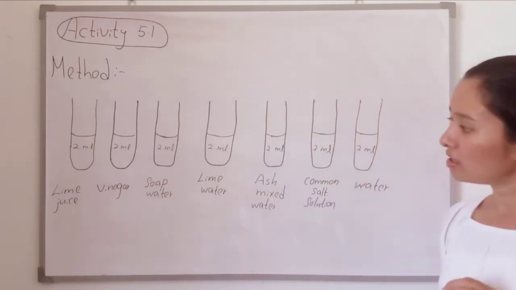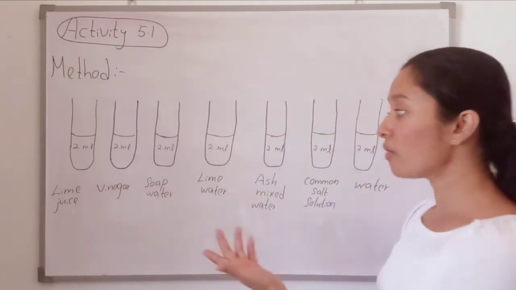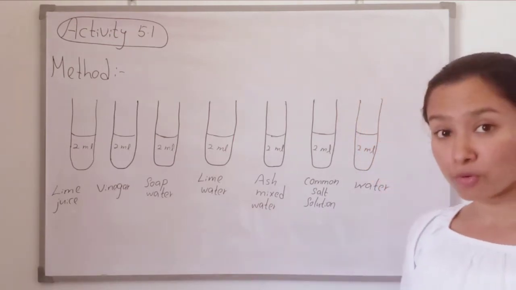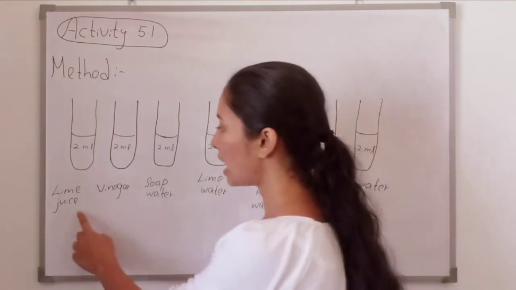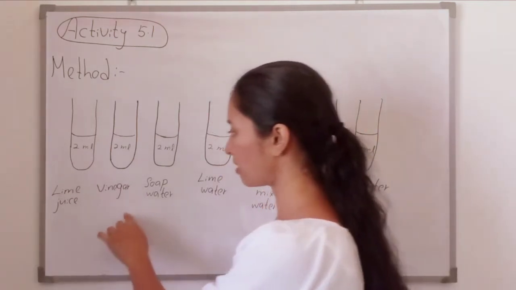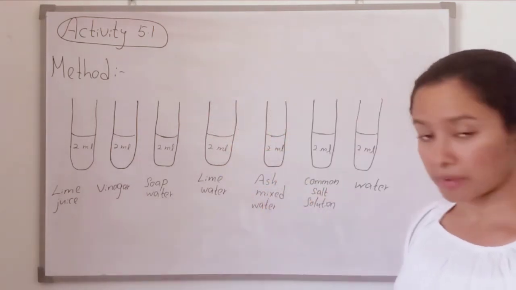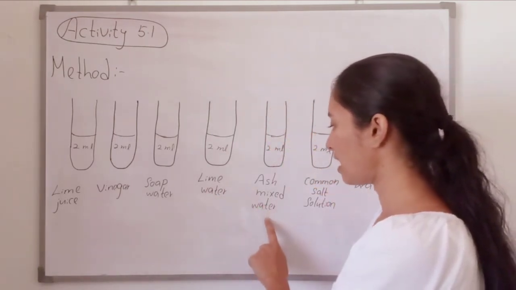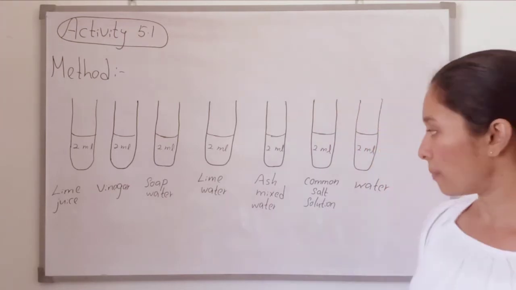Then look at the color changes of these solutions. After a few minutes, you can see the lime juice and vinegar show a separate color, and soapy water, lime water and ash mixed water show another separate color.